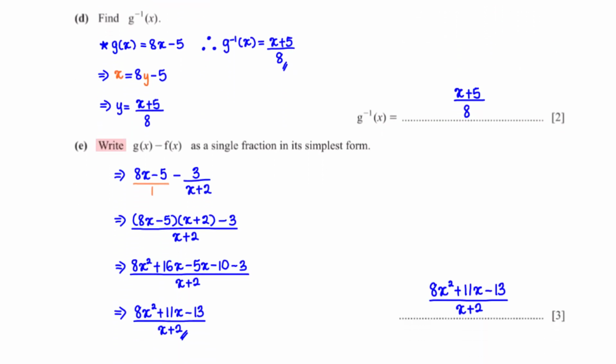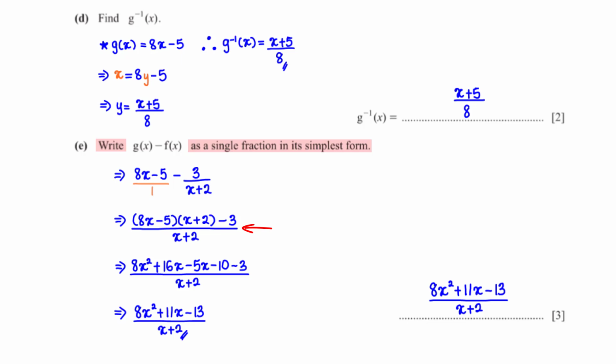Write g of x minus f of x as a single fraction in its simplest form. We've been given g of x as 8x minus 5 and f of x as 3 over (x plus 2). To write this as a single fraction, we cross multiply, so we have (8x minus 5) times (x plus 2) minus 3 times 1, which is 3, and divide by the LCM, which we get by multiplying the denominators of the two fractions.